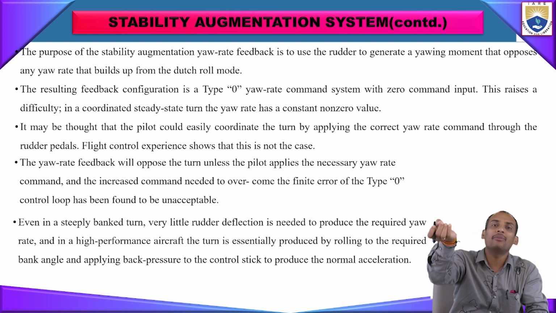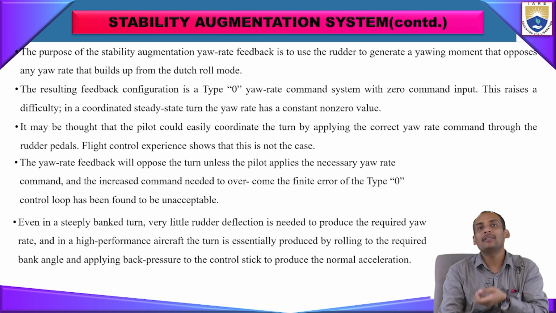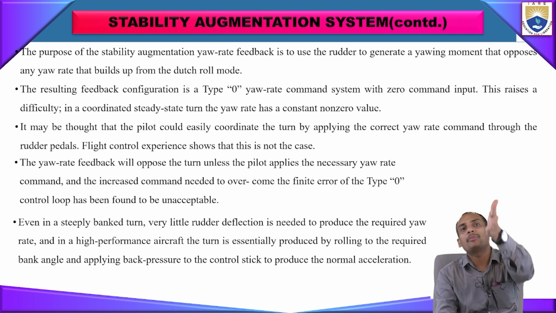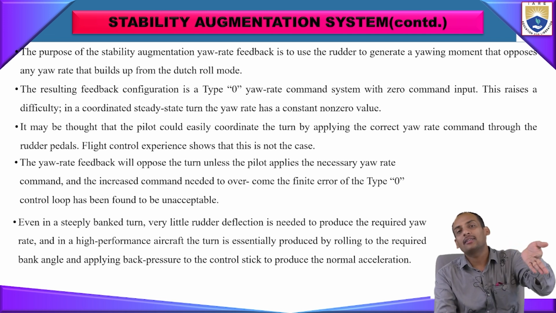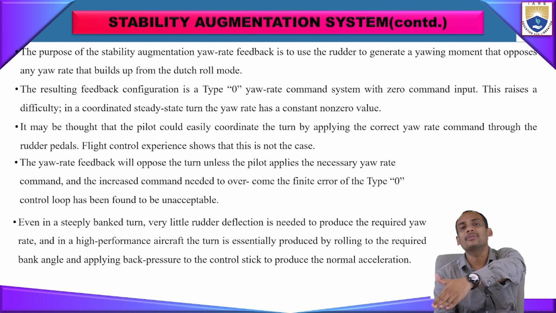Your input will be given to that transfer function, and that input totally depends upon the rate feedback only. When the rate feedback is sufficient, the yawing input will be given to the control surface, and then the control surface will be operated.